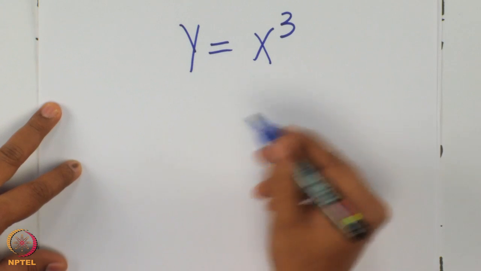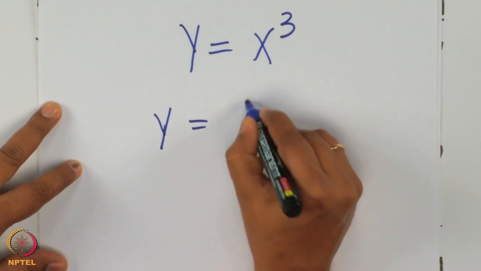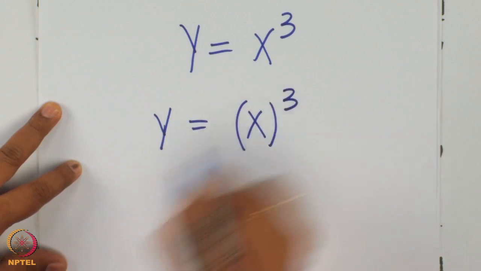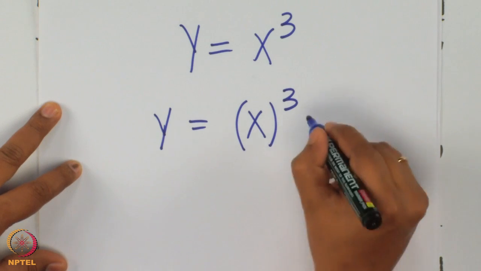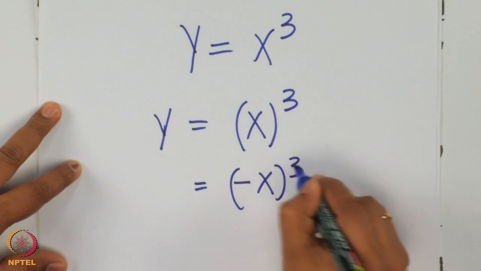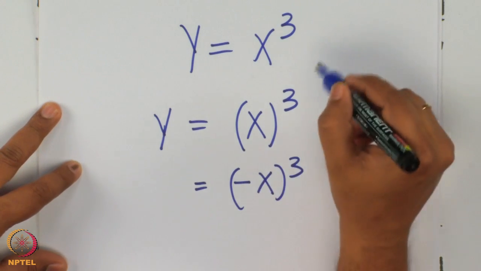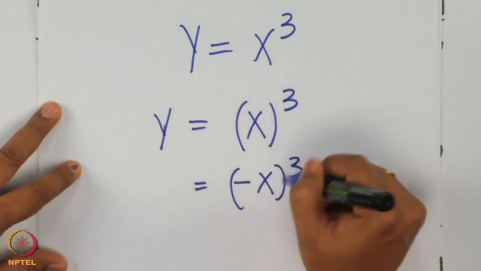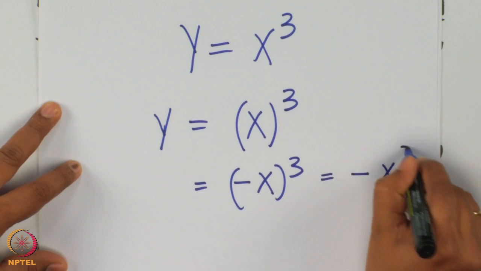what happens when x goes to minus x? As we did earlier, this is x cubed. If I just put x is equal to minus x, this is minus x cubed. Are they equal? For the quadratic function they were equal, but this is minus of x cubed.